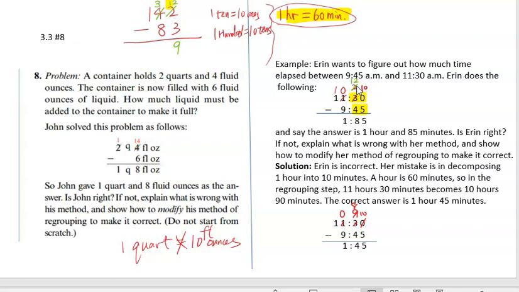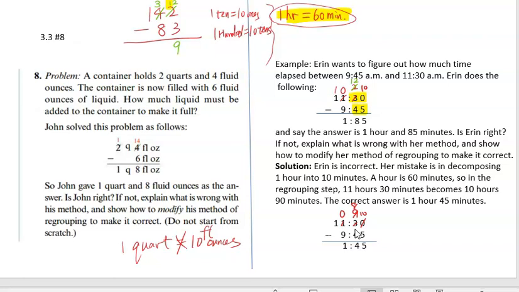So we cannot add a 10 to 2 here. We actually have to add that 60 minutes to the 30 minutes, which makes 90 minutes here. And you can see right here I crossed out the 3. Instead of putting a 12 up here, I put a 9, or you can put a 90 if you want.